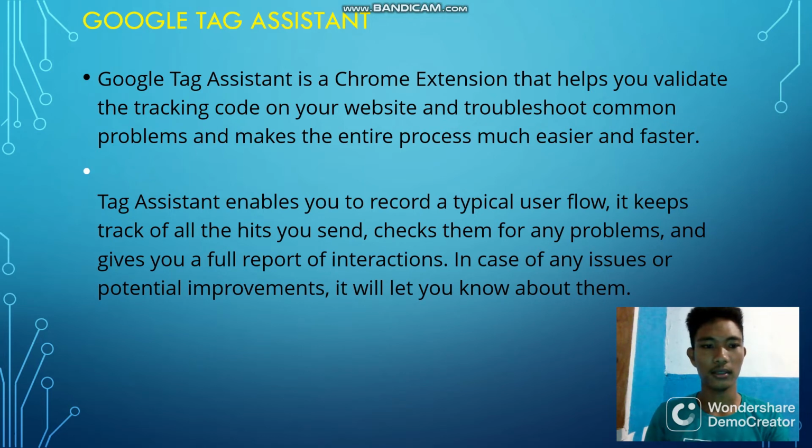It keeps track of all the hits you send, checks them for any problems, and gives you a full report of the interaction. In case of any issues or potential improvements, it will let you know about them.